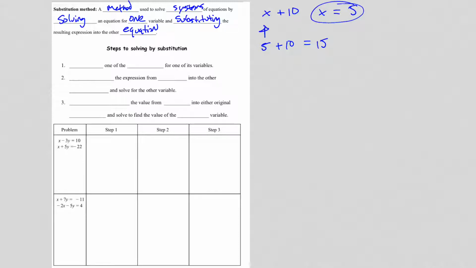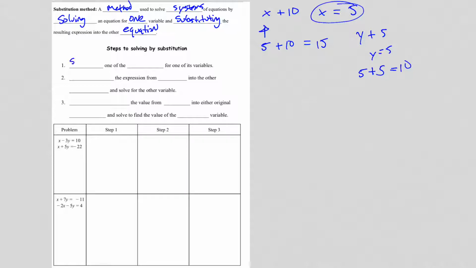Likewise, if I had y plus 5, and I told you y is equal to 5, instead of y plus 5, I'm going to substitute the value for y, and then I'm able to solve. So there's two quick examples, and then steps to solving by substitution.